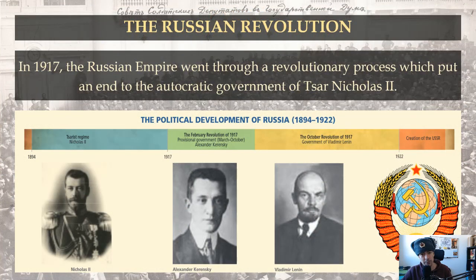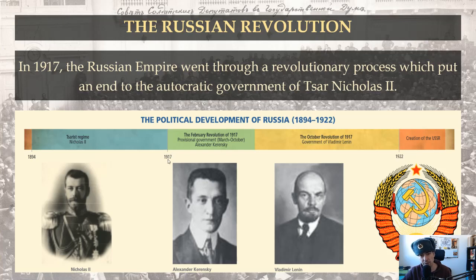The Russian Revolution happened in 1917 when the Russian Empire went through a revolutionary process which put an end to the autocratic government of the Tsar Nicholas II. Nicholas II started reigning in 1894 and he will be dethroned in 1917.